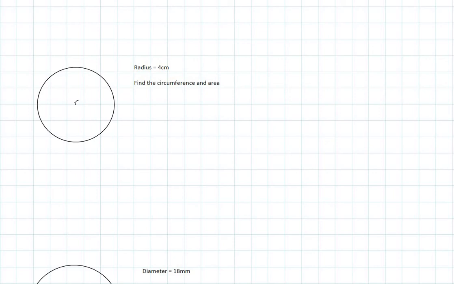So see in this circle, it's telling us the radius. It's telling us that radius is 4 centimeters. So to find the circumference, it would be a bit silly if I went and used the formula that had the diameter in. I'm going to use the one that's got the radius in, 2 pi r.